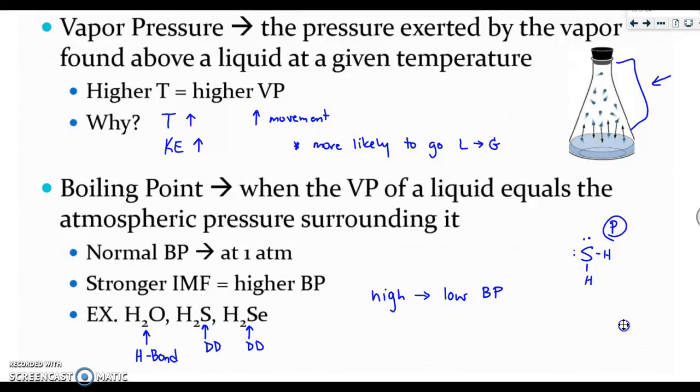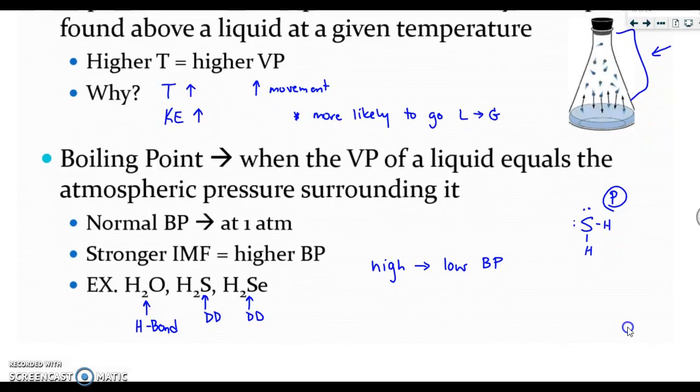Earlier we wrote down that the larger the molecule, the stronger the IMF. And we wrote that under dispersion, but all molecules have dispersion forces. So the larger the molecule, the stronger its IMF. We would only use this if we are comparing two substances that have the same type of IMF. So H bonding is the strongest, so that's going to be the greatest boiling point.